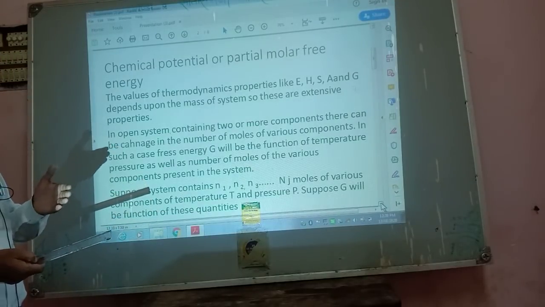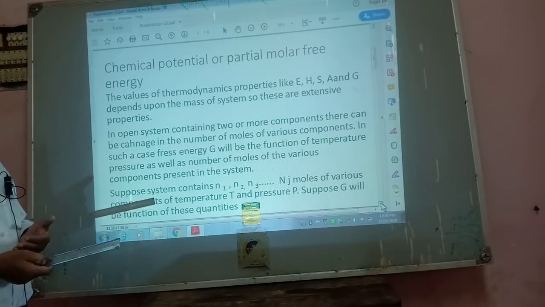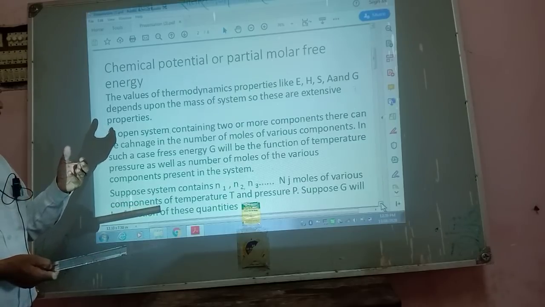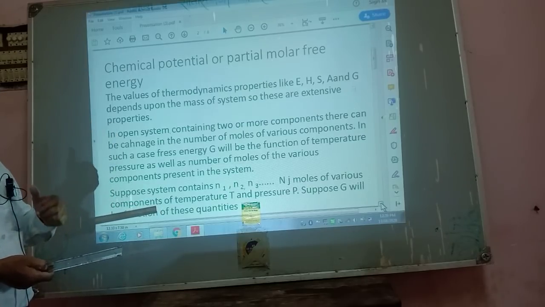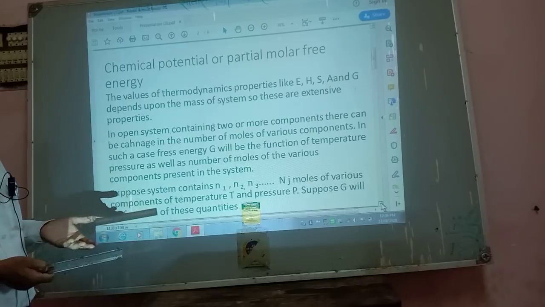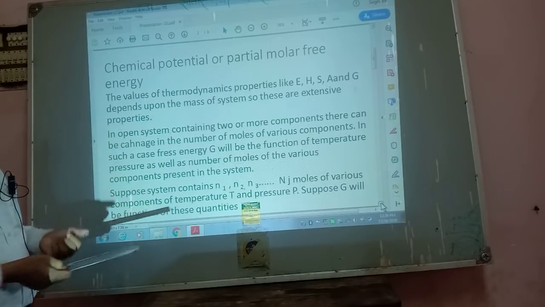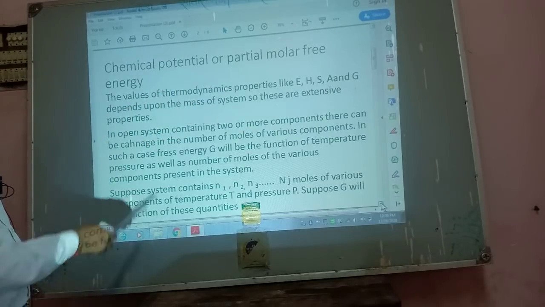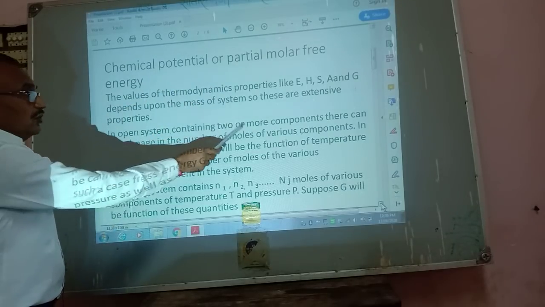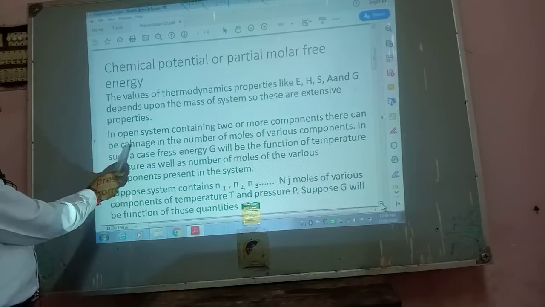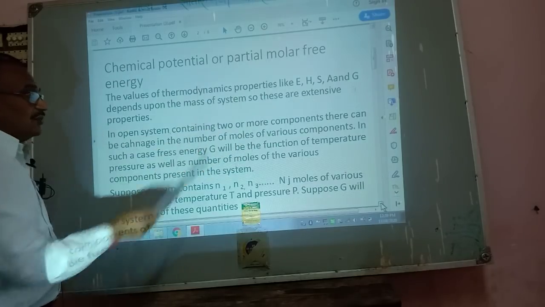In an open system some of the mass evaporates. Due to evaporation, the number of moles decreases, and as the number of moles decreases, this property decreases. Therefore, in an open system containing 2 or more components, there can be a change in the number of moles of the various components.